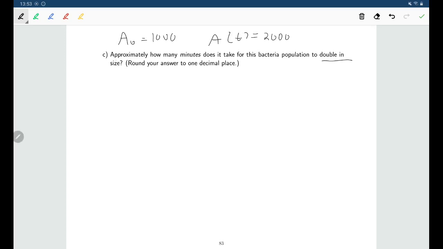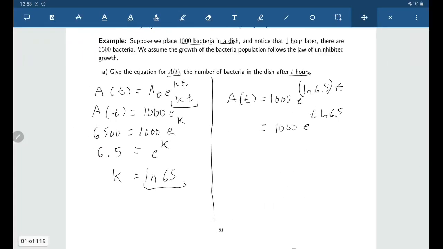Also, and this is more towards the end of things, we want to give our answer in terms of minutes. We want to know how many minutes it takes for our population to double in size. We have to remember that for our formula, when it was originally defined, t was the number of hours that have passed.